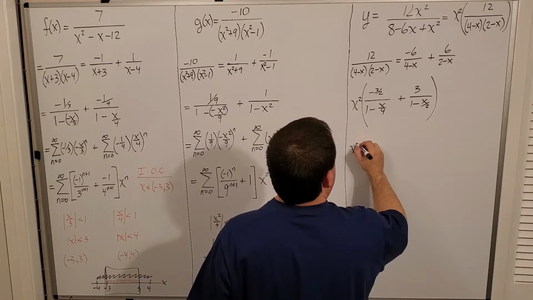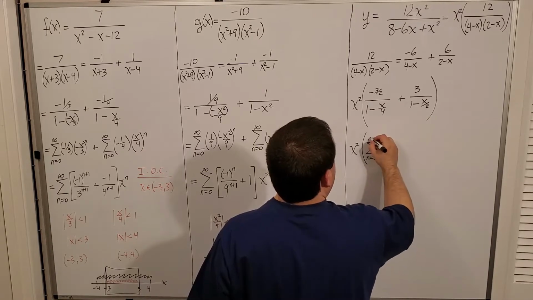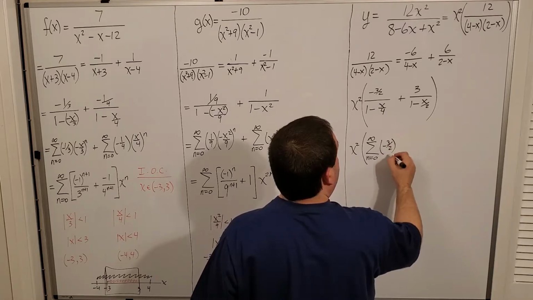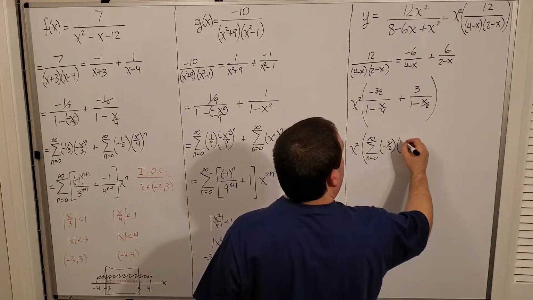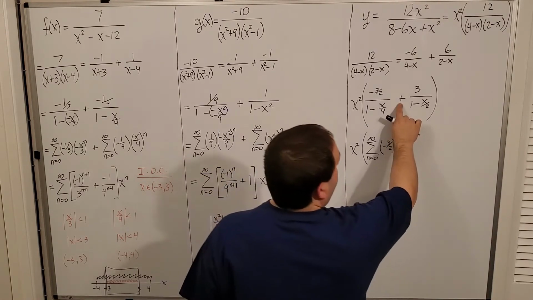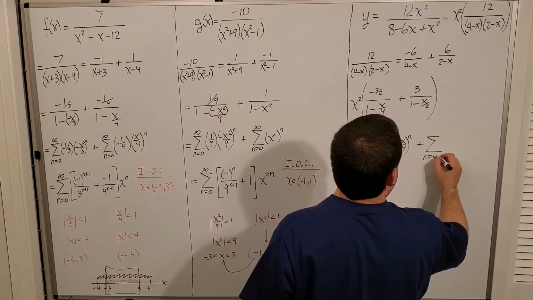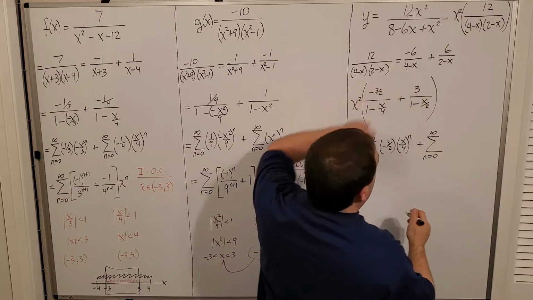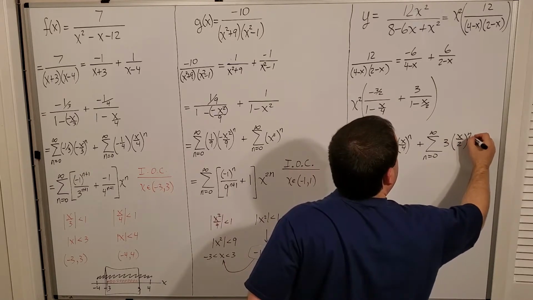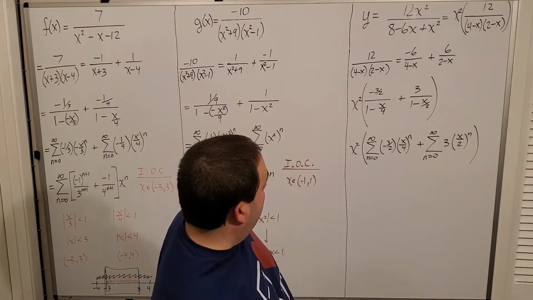So I have x squared times the sum from n equals 0 to infinity. I've got the negative 3 over 2 times x over 4 raised to the n power, plus the sum from n equals 0 to infinity. For this one right here, that's just going to be 3 times x over 2 raised to the n power. And I close the big parentheses for the x squared there.